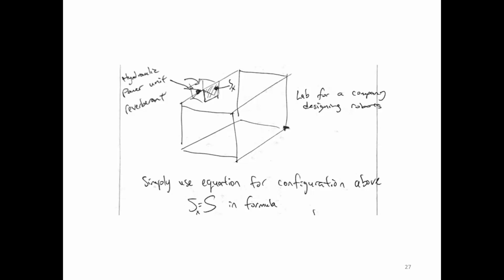I wanted to show a little bit of my chicken scratch to talk through a couple of examples of what you would actually consider to be your area, and how you'd go about attacking problems like these. I kind of alluded to this a few minutes ago in my description of the larger room. Say you have a lab for a company designing robots.